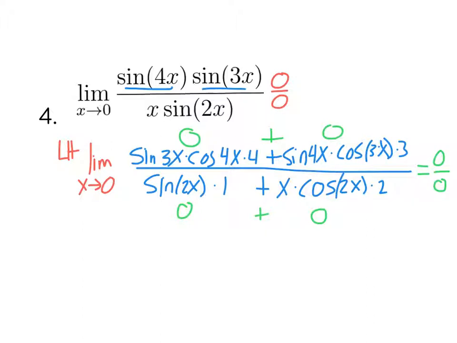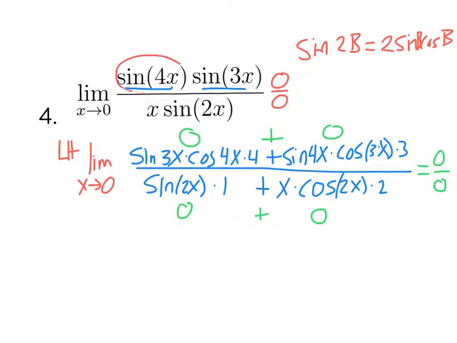I am going to briefly say something about this, though, that sine of 2 times an angle, let's call that b, is equal to 2 sine of the angle cosine of the angle.